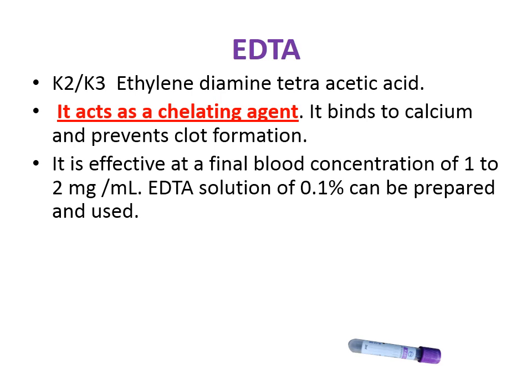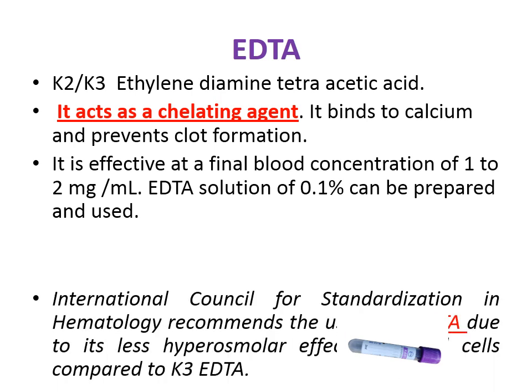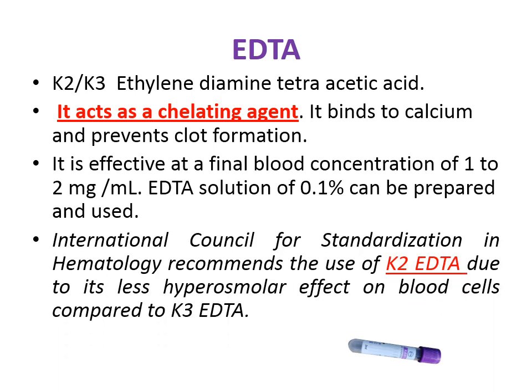EDTA solution of 0.1% can be prepared and used. The International Council for Standardization in Hematology recommends the use of dipotassium EDTA due to its less hyperosmolar effect on blood cells compared to tripotassium or K3 EDTA. So, K2 EDTA is the preferred one.